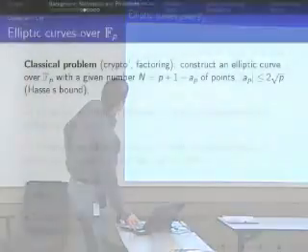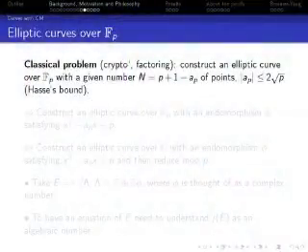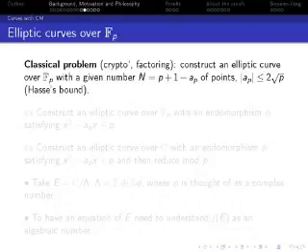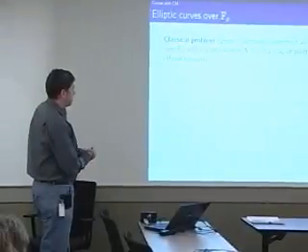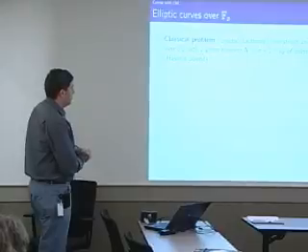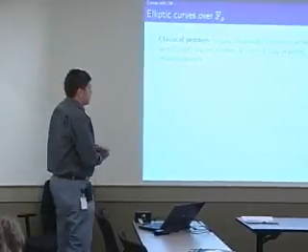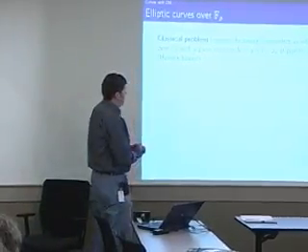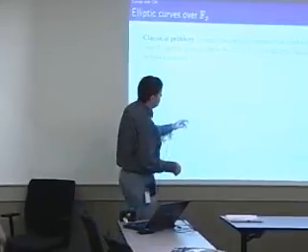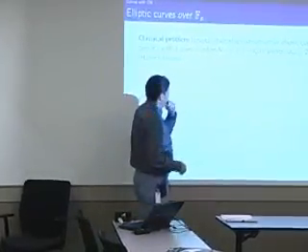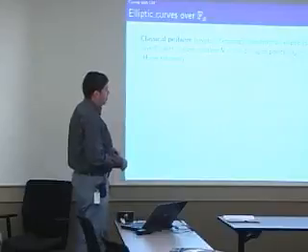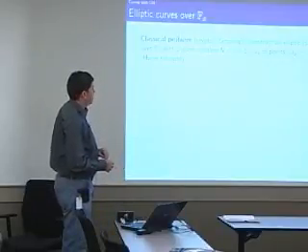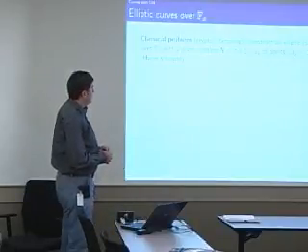One way this comes up is the following classical problem arising in crypto or various applications of elliptic curves, like for factoring and so on. Suppose you want to construct an elliptic curve over Fp, with a given number of points, p plus 1 minus ap. And we know that this ap is bounded by 2 square root of p. That's the Hasse bound.